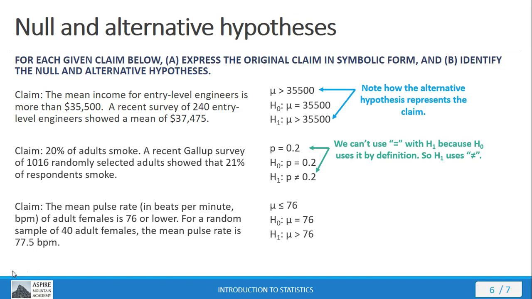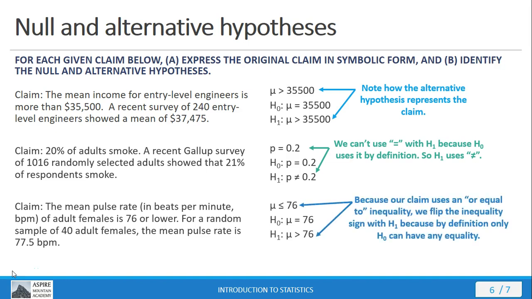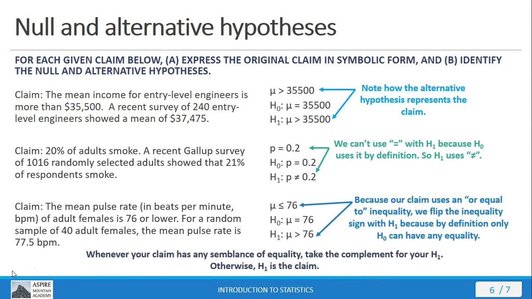So we have to take the complement of the claim as our alternative hypothesis. Okay? So anytime you've got any sort of semblance of equality to your claim, you have to take the complement to make your alternative hypothesis. Otherwise, you're just going to take the claim as your alternative, and then the null will always be a statement of equality.